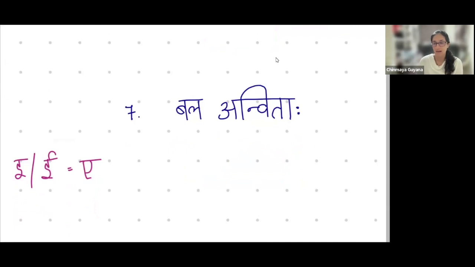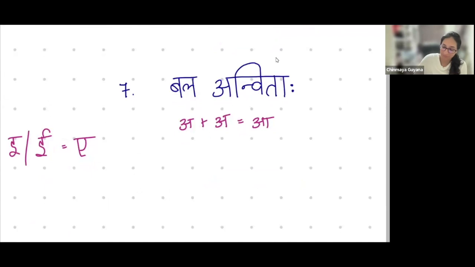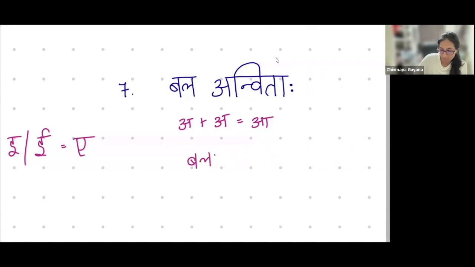Bala anvitaha. A plus A equals A. You just needed to understand the first rule and you'd have got more than half of everything correct, really speaking. Okay, so this becomes Balanvitaha.